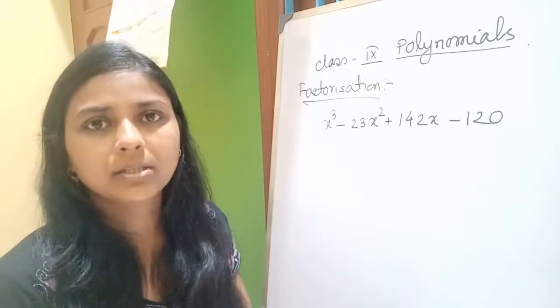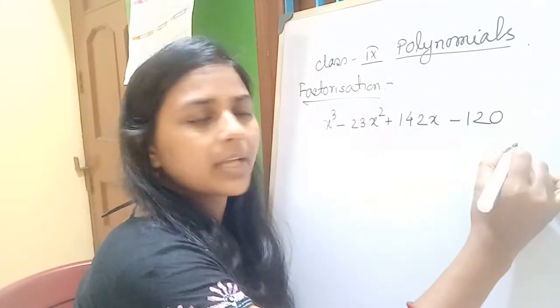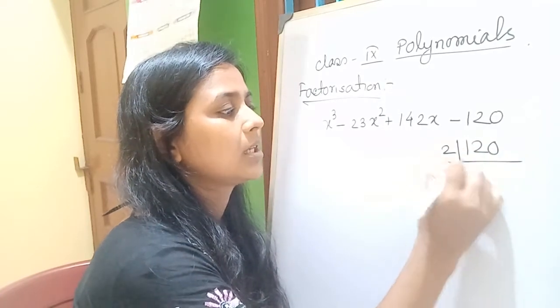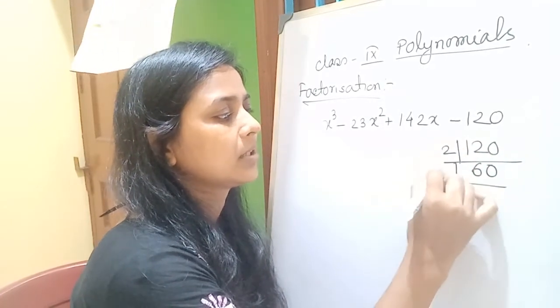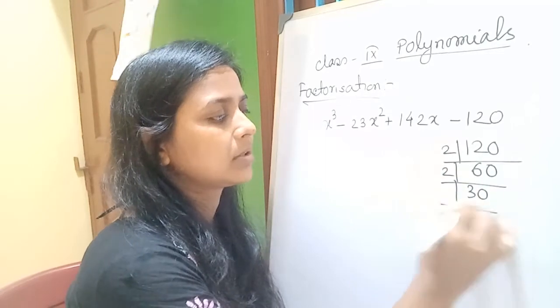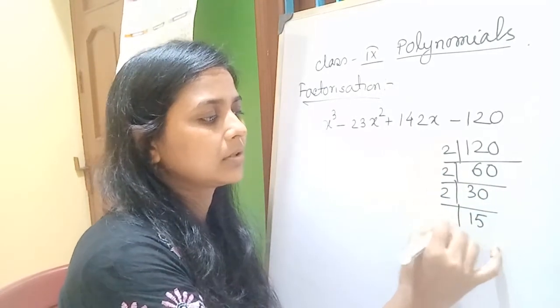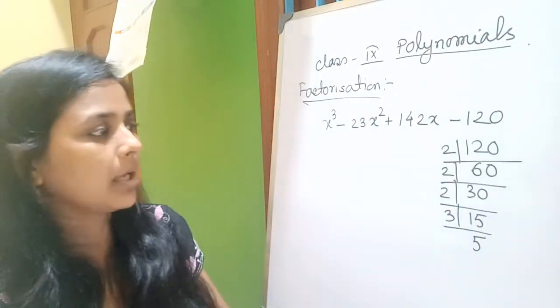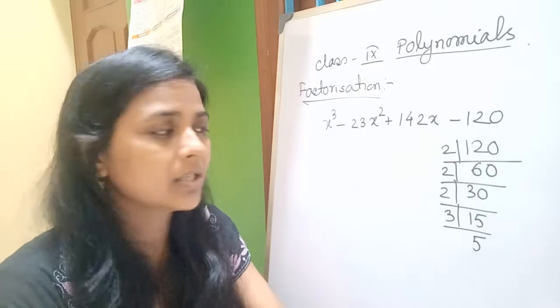So what are the factors of 120? For that we need to do its factorization. 120 is 2 times 60, 2 times 30, 2 times 15, 3 times 5. So this is the factorization.